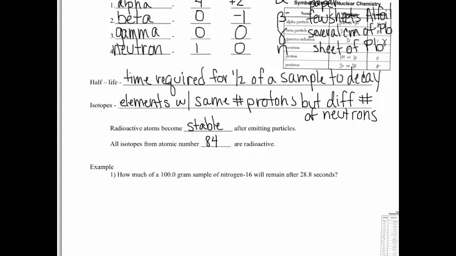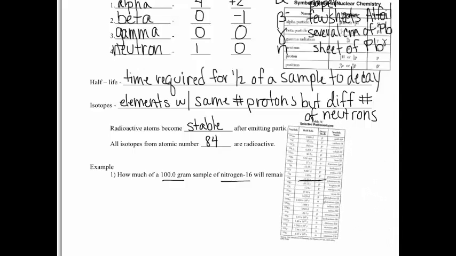So half-life, hopefully you've covered this already in earth science, so this will be a quick review for you. So in our question here, we have a 100-gram sample of nitrogen-16, and they want to know how much will remain after 28.8 seconds. So they've given us a lot of information, but we're missing a piece of information that we really need, and that's how long a half-life is.